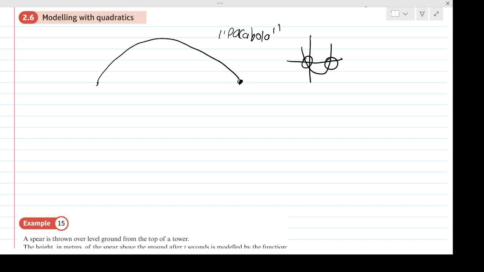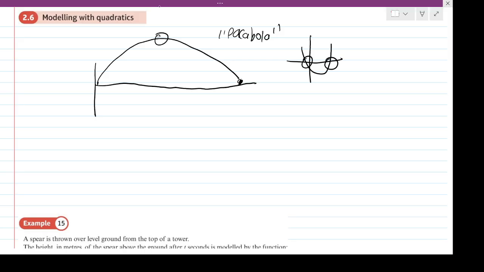So if this was the x-axis, for example, the roots will tell us when the ball hits the ground. And we can also find where the maximum would be, because remember this would be a turning point, and that would be by completing the square.